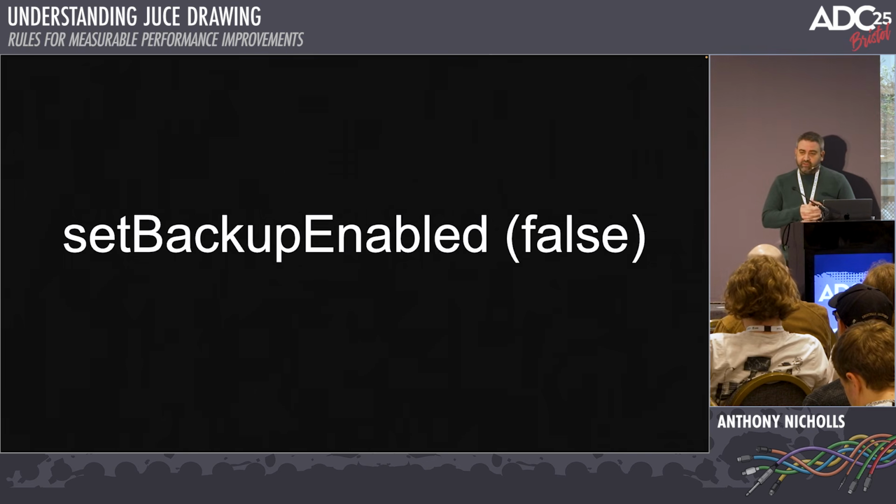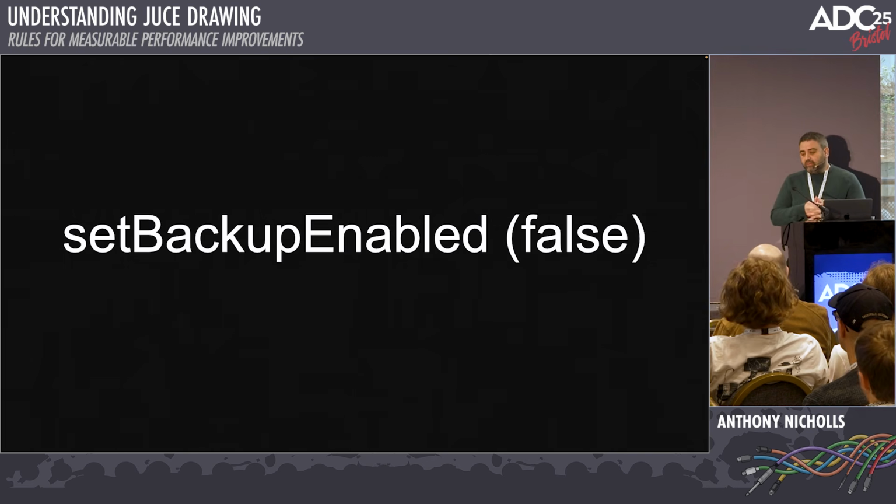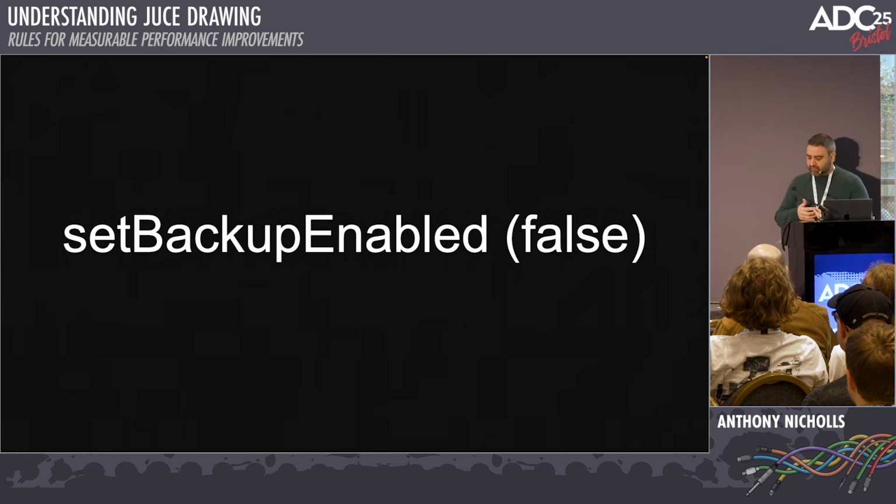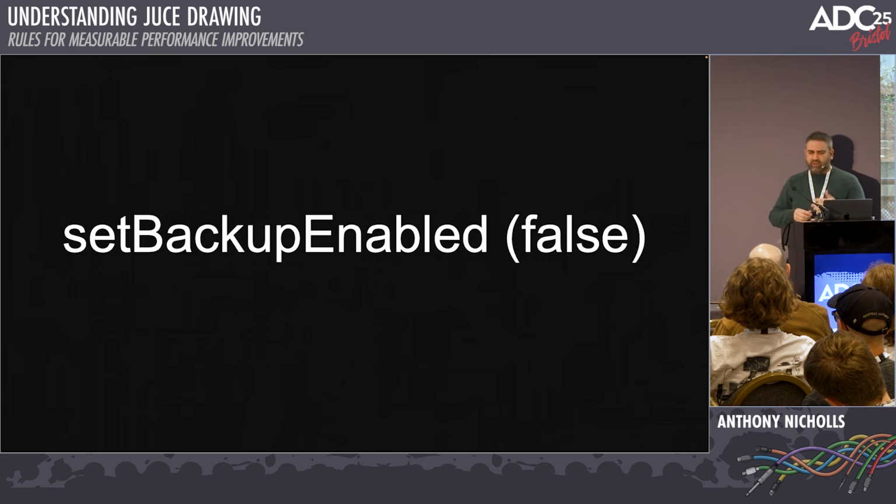All that's really doing is preventing a need: images by default, after they've gone to the GPU, need a copy back to the CPU to enable a backup in case your graphics device disappears, or I think some stuff to do with displays.